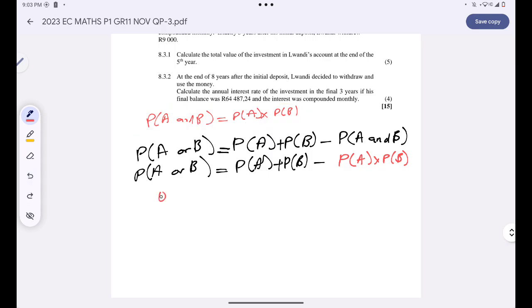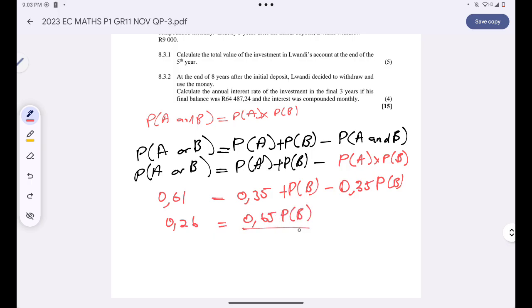I had 0.61 over here. The probability of A is 0.35. Probability of B I don't know, and the probability of A is 0.35 multiplied by the probability of B. So this will give me 0.26 is equal to the probability of B minus 0.35 times the probability of B, which is simply 0.65 times the probability of B. Divide both sides by 0.65.